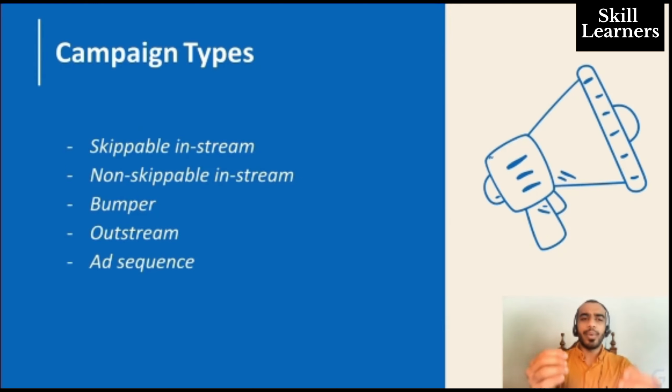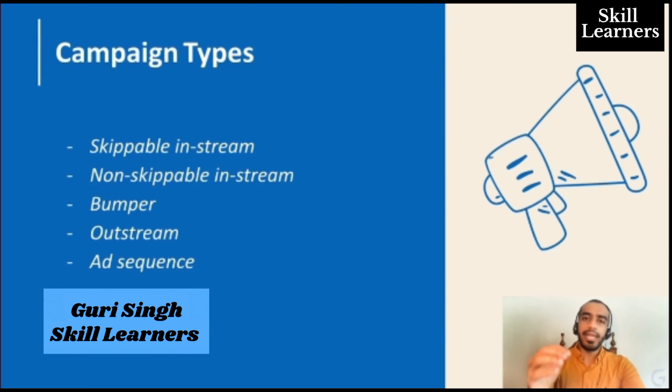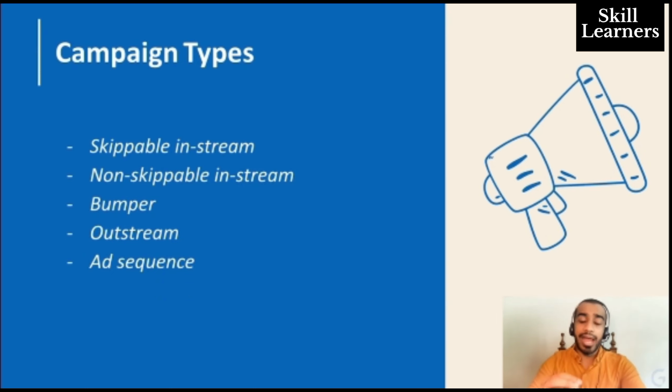So let's have a quick look at the different campaign types available within Google video campaigns. The first is skippable in-stream ads. As the name suggests, the ad is skippable, or there is that skip ad button shown on the video. So you are giving the consumer or the customer a choice to actually skip the ad if they don't want to watch the entire one.